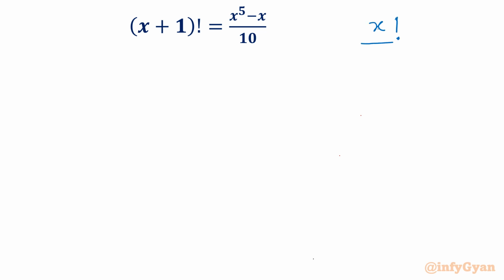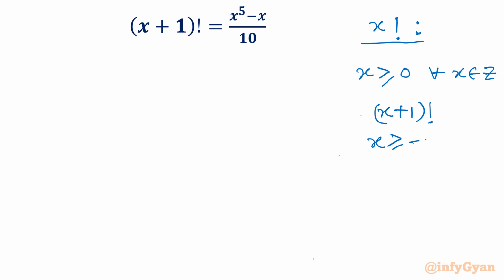So if x factorial is written, that means x must be greater than or equal to 0, where x belongs to integer. As per our problem, where we have used (x plus 1) factorial, the domain would be x greater than or equal to minus 1, for every x belongs to Z or integer.